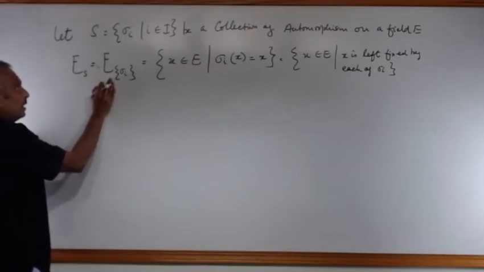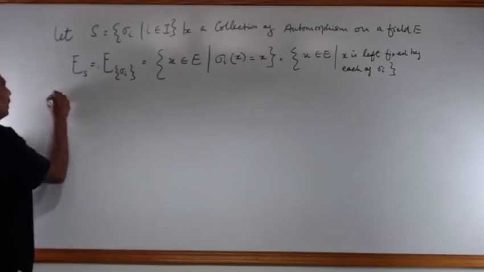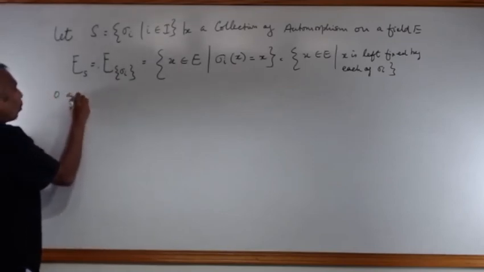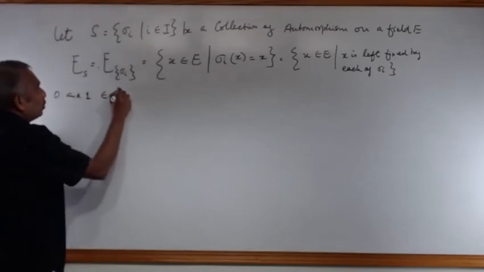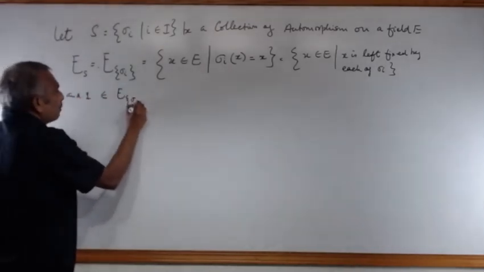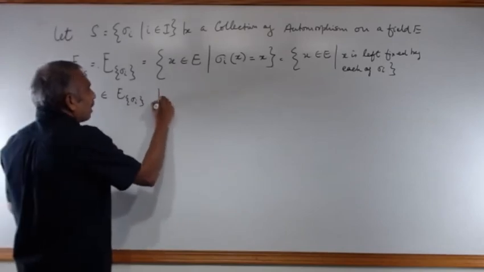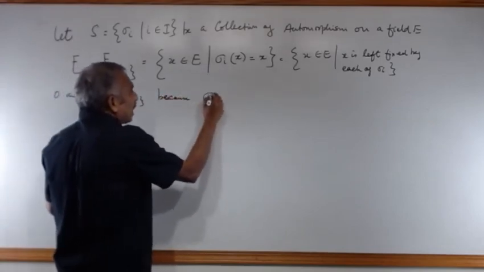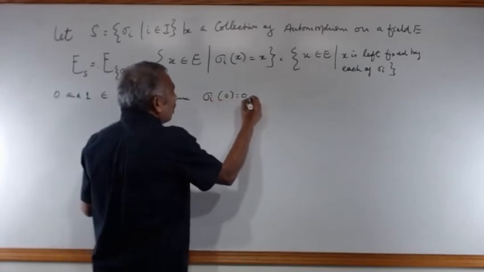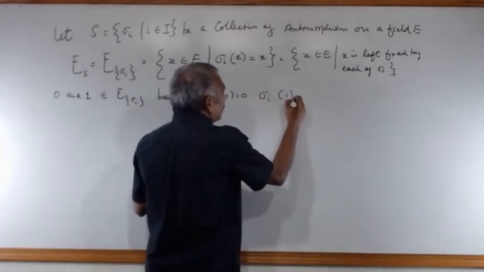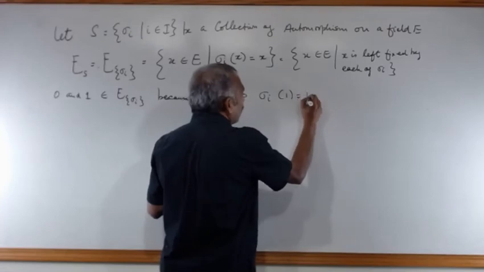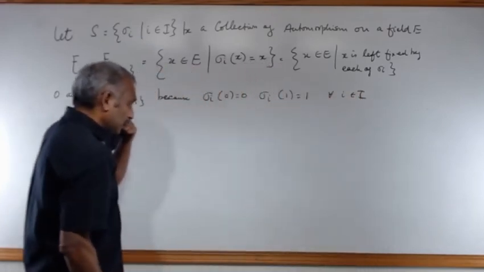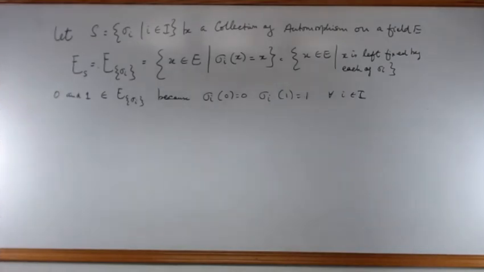Is it a field? That's what we are going to find out. See, 0 and 1 belong to E sigma i, because sigma i of 0 equals 0, sigma i of 1 equals 1 for all i in I, because they are automorphisms.